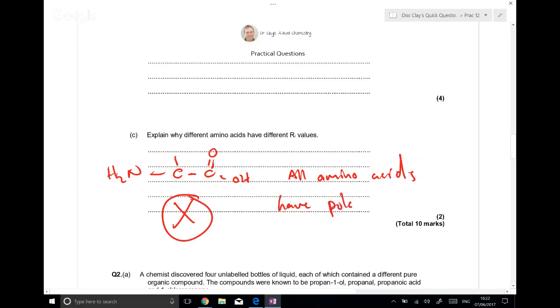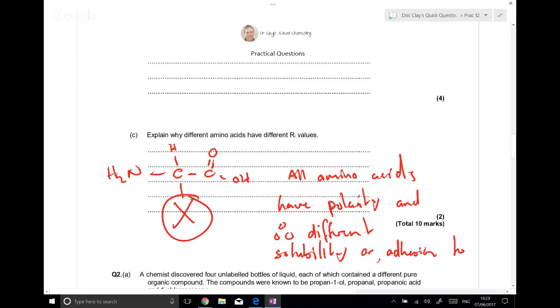That is an important description here. Therefore they're going to have a different solubility, which is what we were just talking about, and also a different ability to adsorb, a different adhesion, to the silicon dioxide or aluminium oxide, and therefore a different RF.